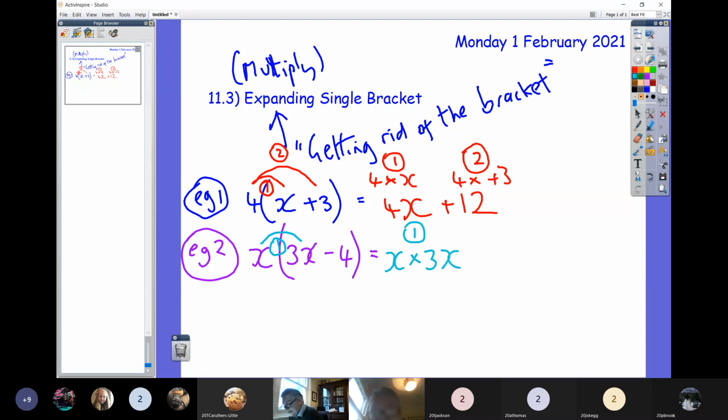That's x times 3 times x, or 3 times x times x. That is 3x squared. That is the first claw. And then our second claw, which I've done in green, we are doing x multiplied by minus 4, which is minus 4 times x, which is minus 4x.